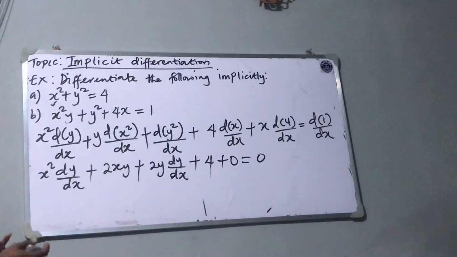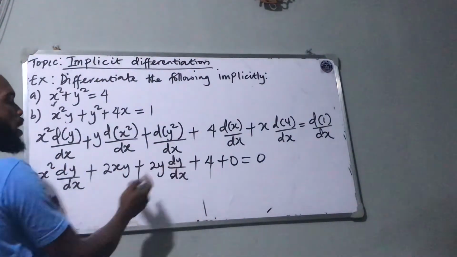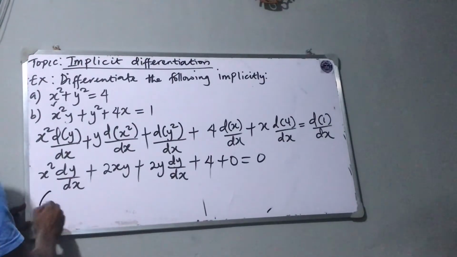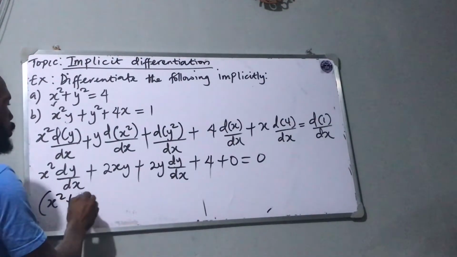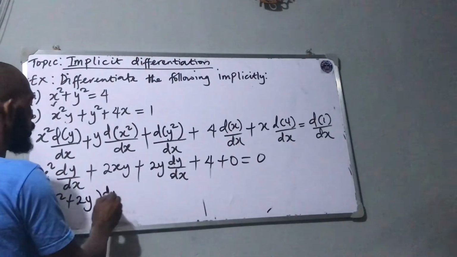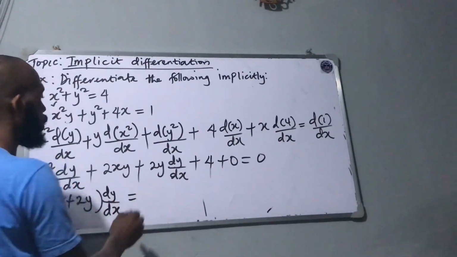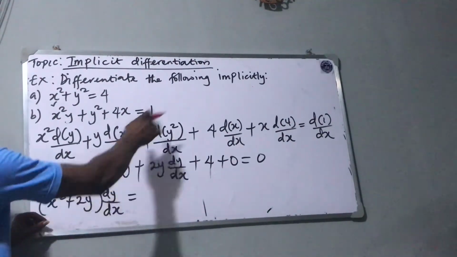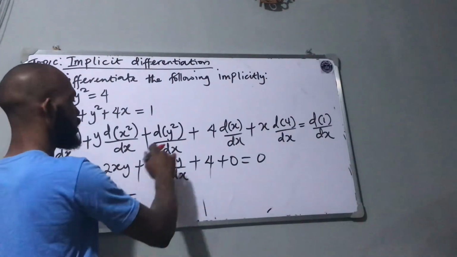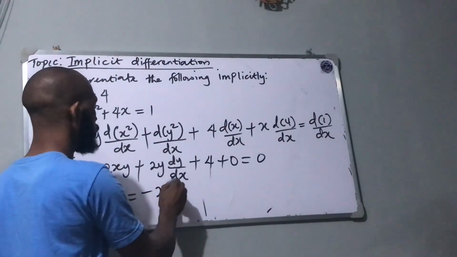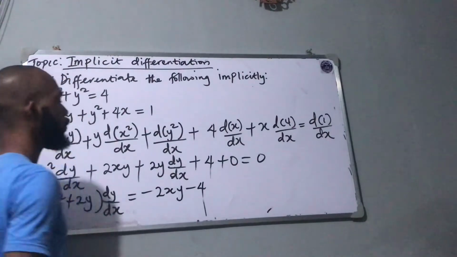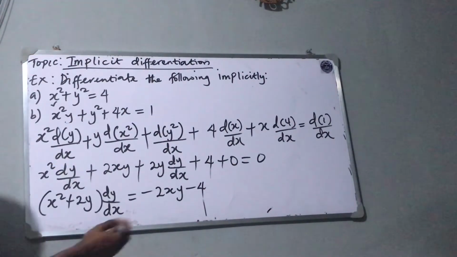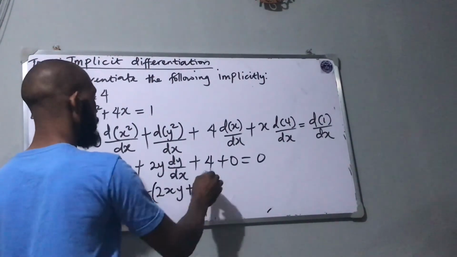Now, I can collect the like terms. I can see dy dx and dy dx, so I can bring them together. So I'll have x squared plus 2y, times dy over dx, equals, so I can take the other ones to the other side, minus 2xy minus 4. I can just decide to put them in brackets.